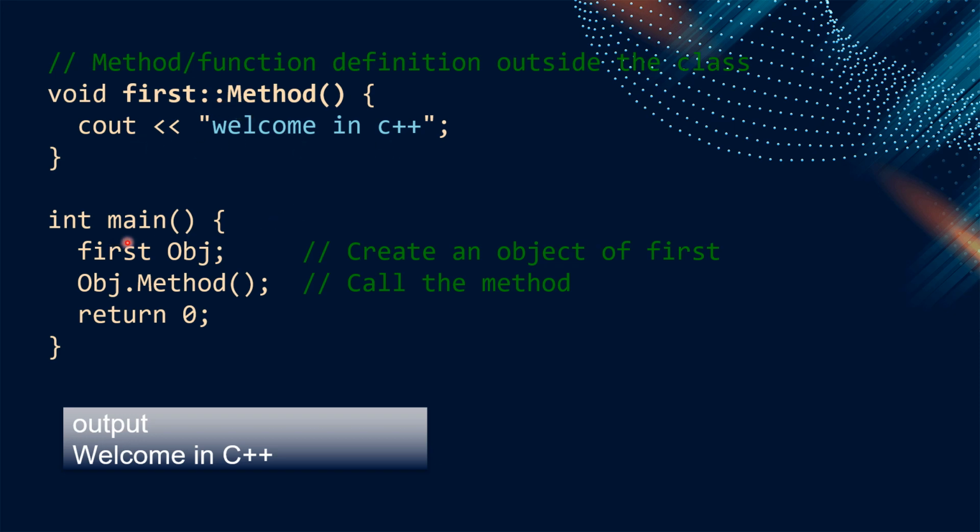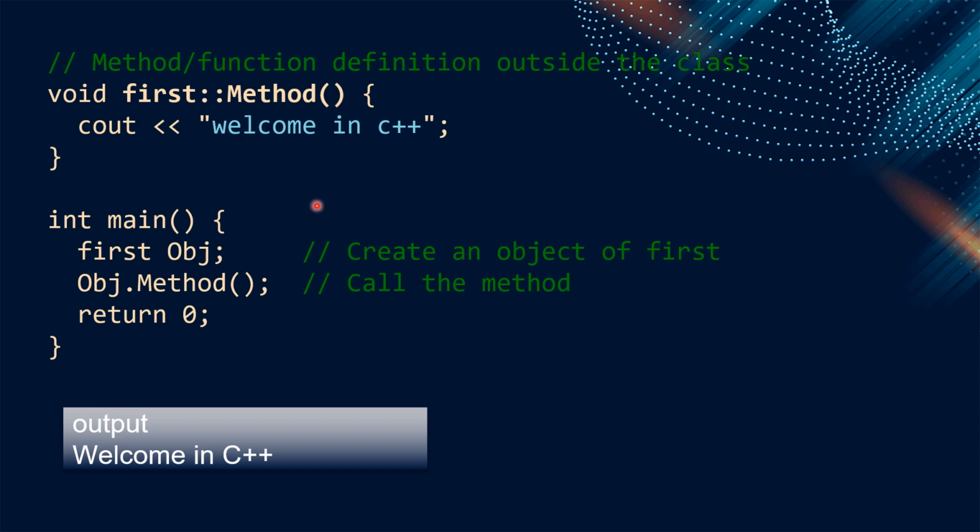After that int main, where we create an object to access whatever is written in the class. Create an object of First, and after that obj dot method to call the method, and when you run this code you will get the output "Welcome in C++".